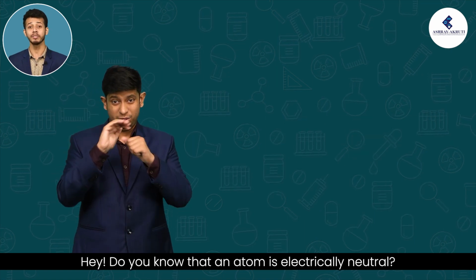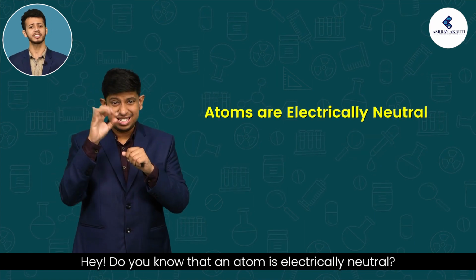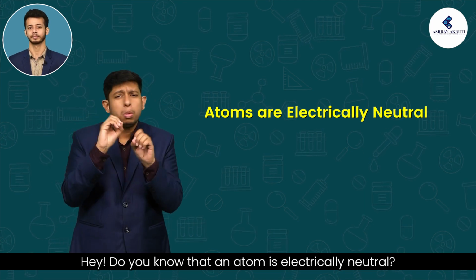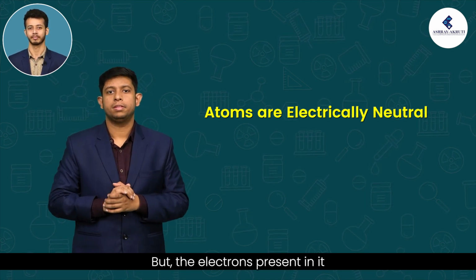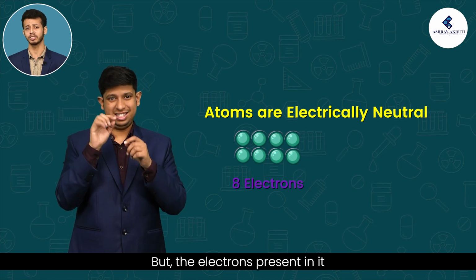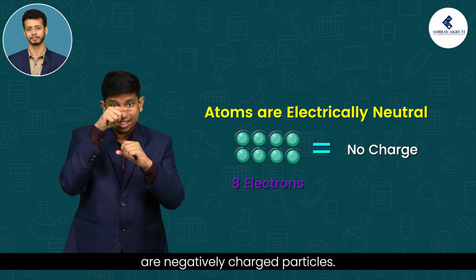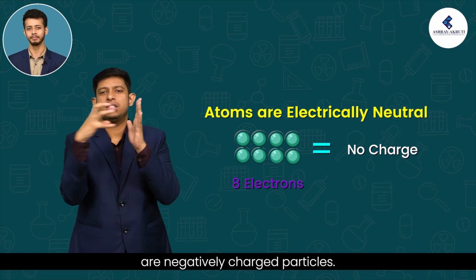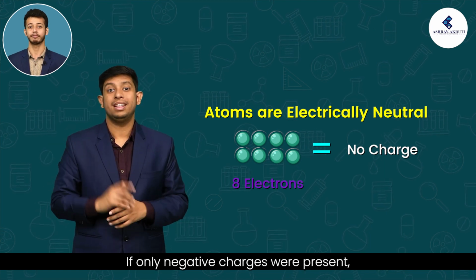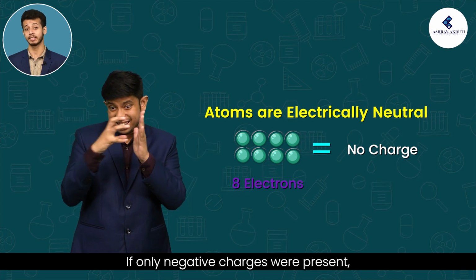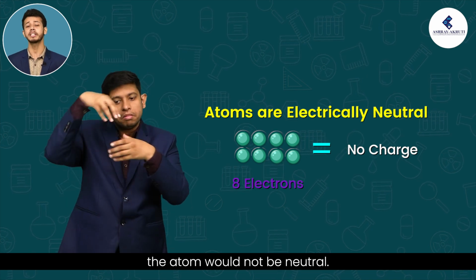Hey, do you know that an atom is electrically neutral? But the electrons present in it are negatively charged particles. If only negative charges were present, the atom would not be neutral.